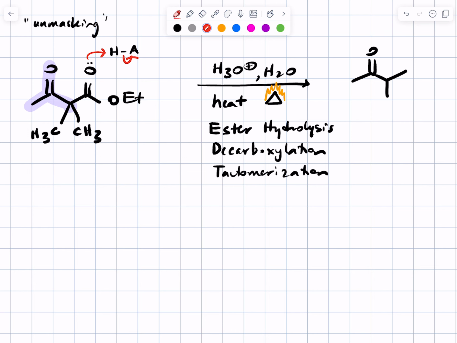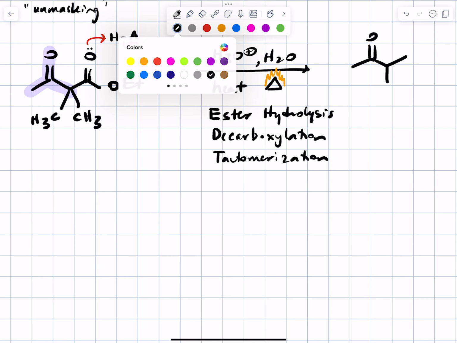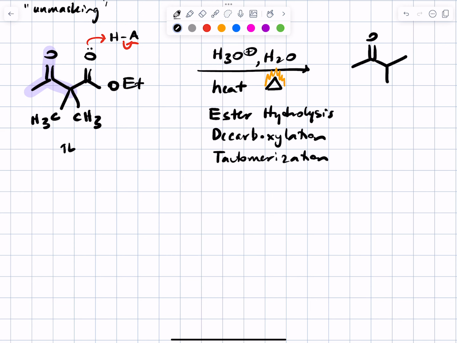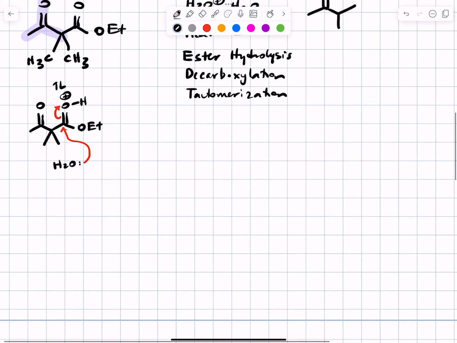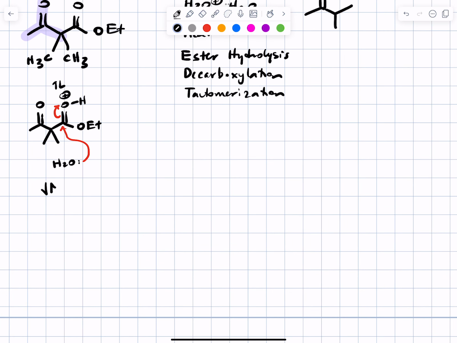Generally, water is a weak nucleophile, not a good enough nucleophile to attack the ester carbonyl oxygen. So we protonate to make the oxonium ion. Then water can attack. This is a typical nucleophile attacking a carbonyl carbon. That's going to give us a tetrahedral intermediate.